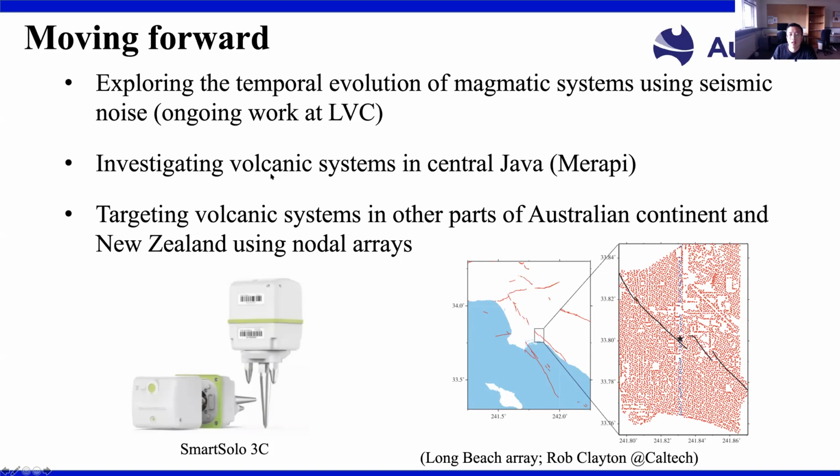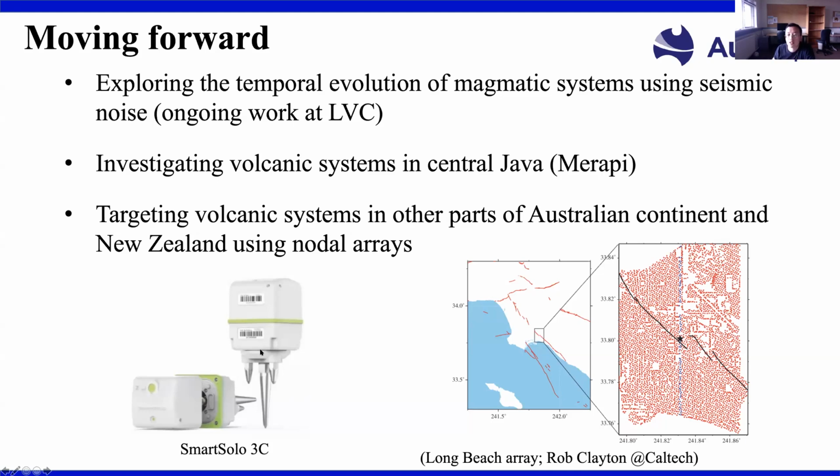Other things I'm working on are volcanic systems around Australia, where we already have data. One of them is called Merapi in Central Java. But also, together with Megan, we're trying to take advantage of the new instruments purchased by AuScope. That's the Smart Solo 3-component.